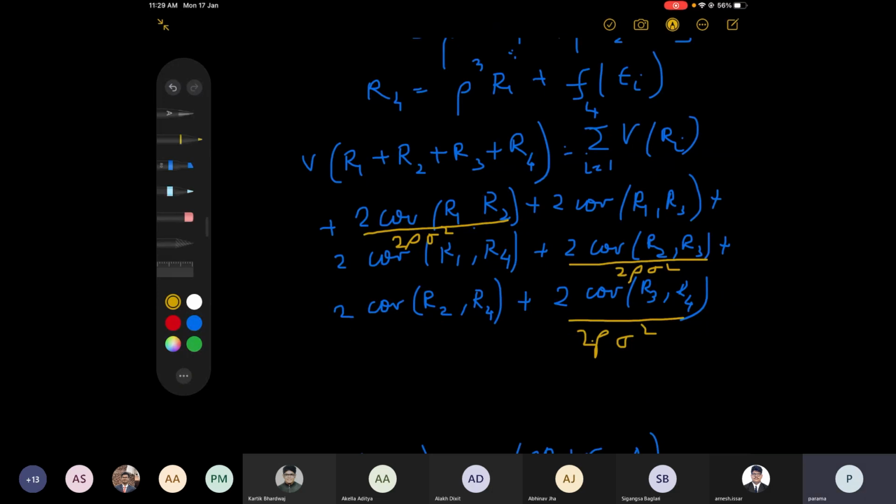So covariance between R1 and R3 can be replaced by twice rho square sigma square, and R2 and R4 can also be replaced as twice rho square sigma square. Finally, if you notice from here, covariance between R1 and R4 can be replaced by twice rho cube sigma square. Now, each of these variances of R is sigma square, so the 4 of them can be replaced by 4 sigma square.